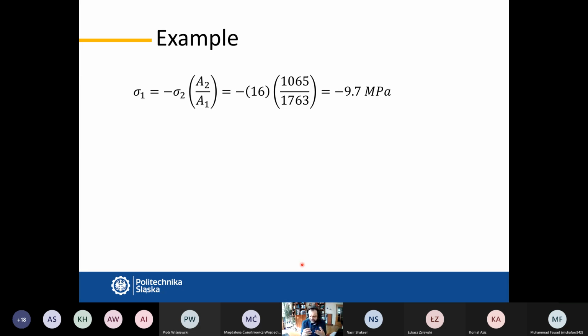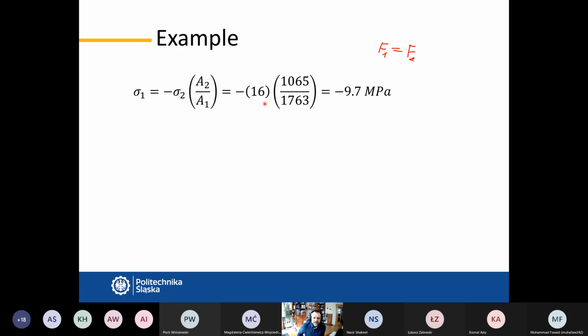So the force generated in one member is equal to the force generated by the second member. So we have exactly F1 equals F2. This is the force in one member, and this is the force in the second member. The pipes, of course.